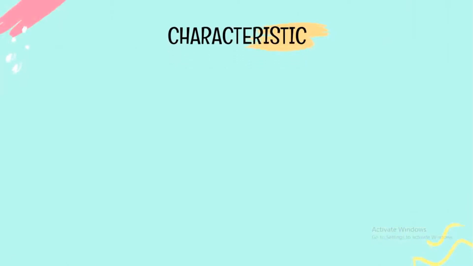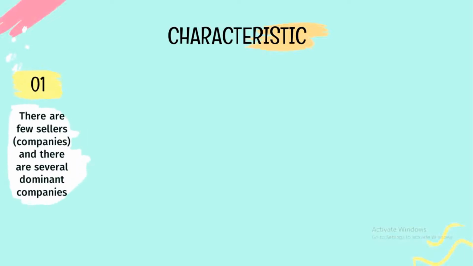After I explain the meaning of the oligopoly market, I will describe some of the characteristics of the oligopoly market. Number 1, there are few sellers, companies, and there are several dominant companies.